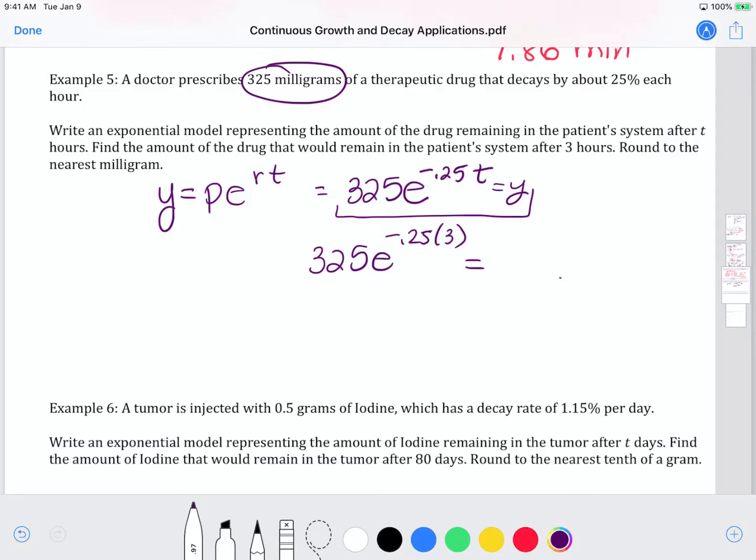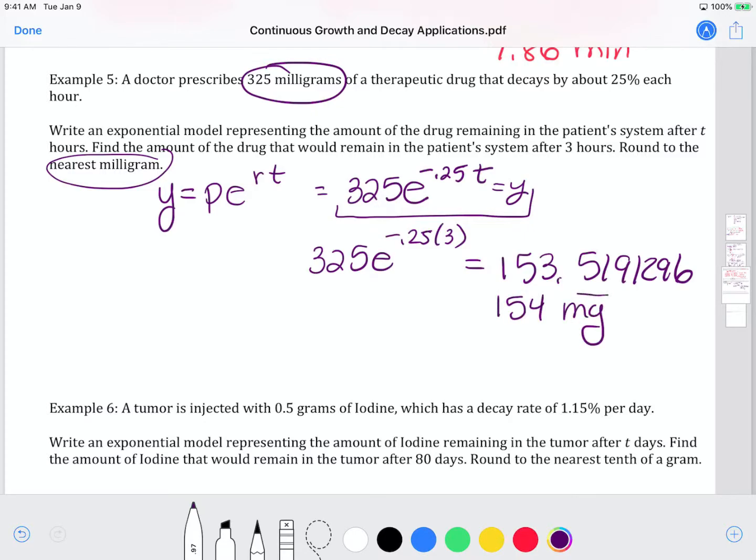And that would give me 153.5191296. And it says round to the nearest milligram. So this is going to be 154 milligrams when we round it to the nearest milligram.